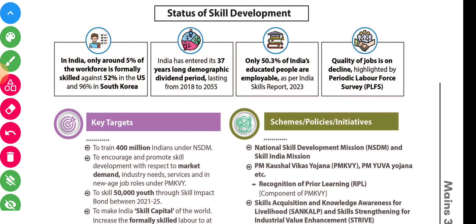Only 50.3% of India's educated people are employable as per the India Skills Report 2023. Quality of jobs is on decline, highlighted by the periodic labour force survey. These are the status of skill development in India.